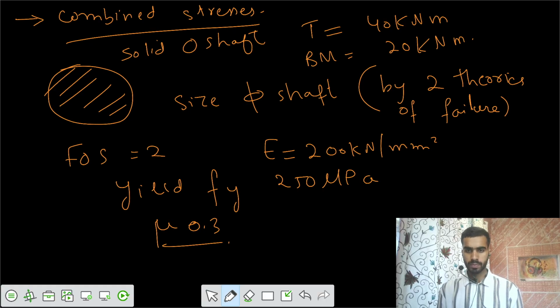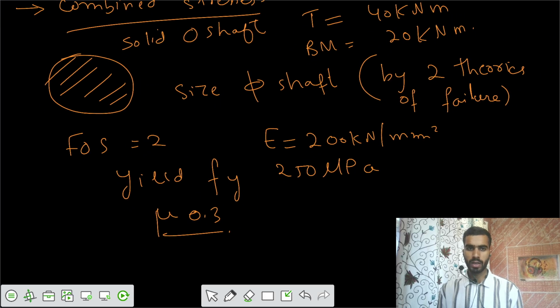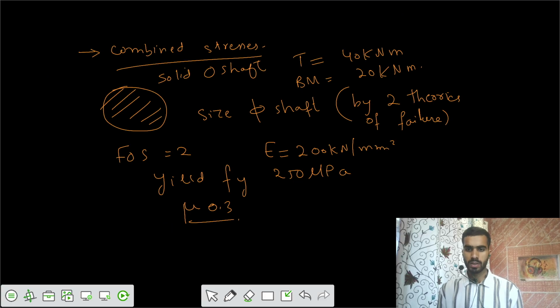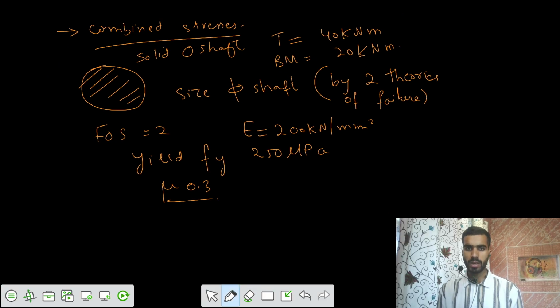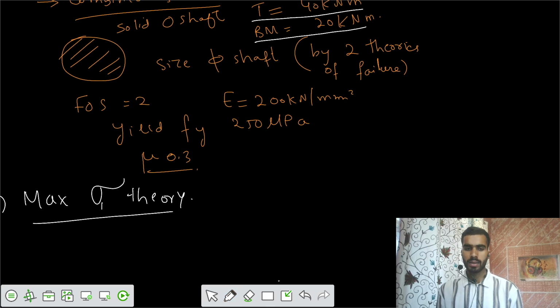Okay, so you have to take two theories of failure for this one. There is what we call combined stress, because torque is applied and bending moment is applied. If I use the first method, that is maximum principal stress theory, I would say sigma 1 should be less than or equal to Fy by factor of safety.